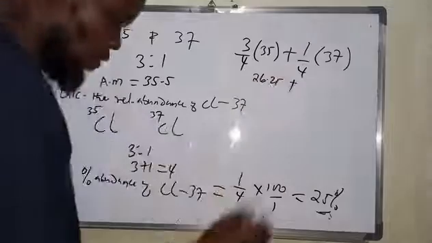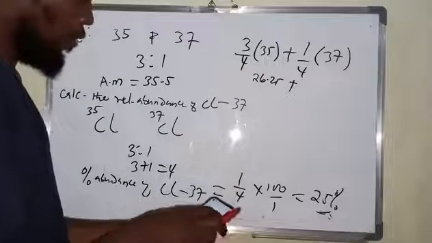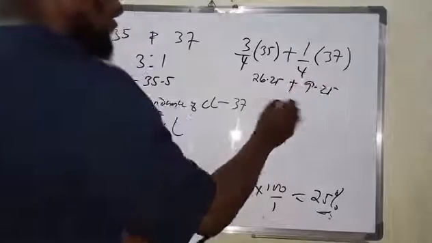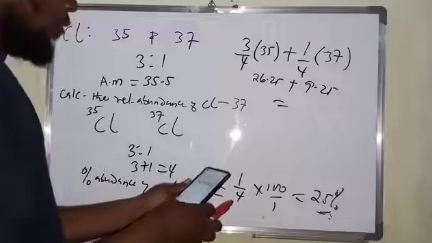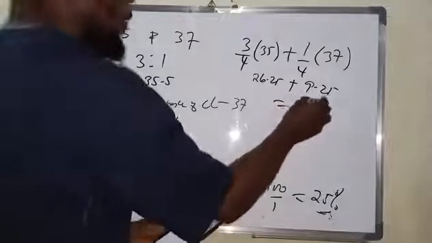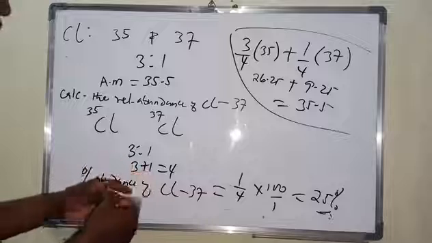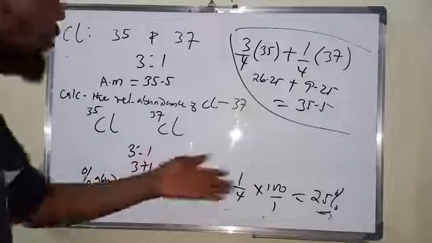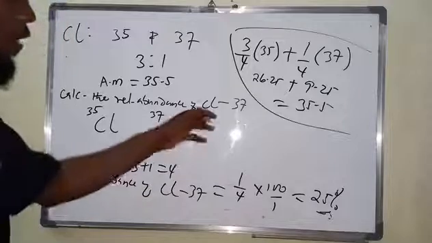Then plus 37 by 4 gives me 9.25. Then adding the two, 26.25 and 9.25 will give 35.5. So all you just need to do is to divide this by the total ratio, multiply by 100, and it means 25% is the abundance of chlorine 37.